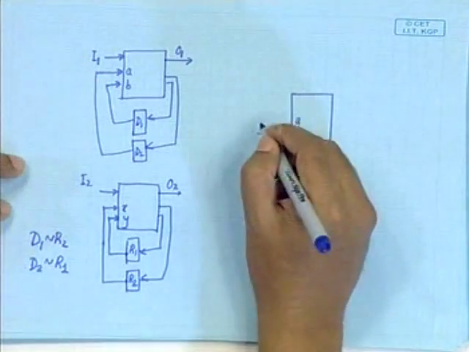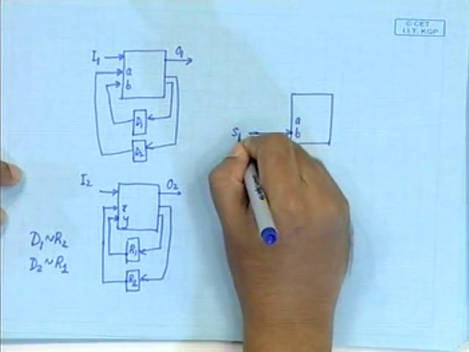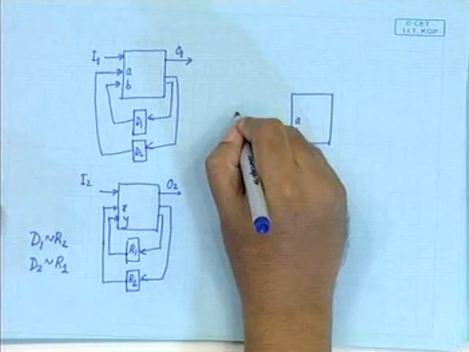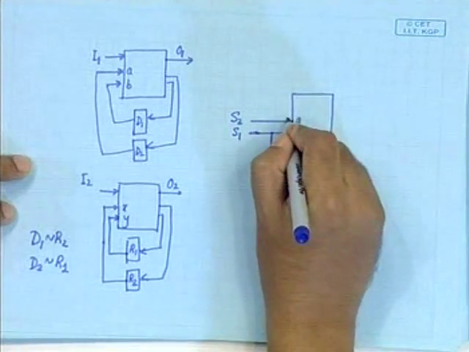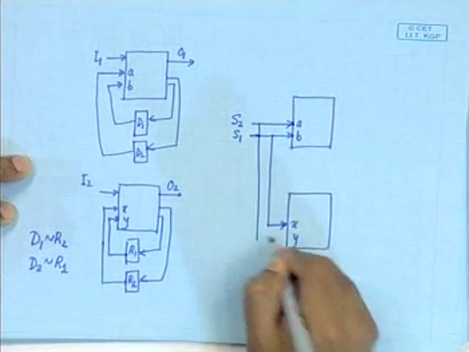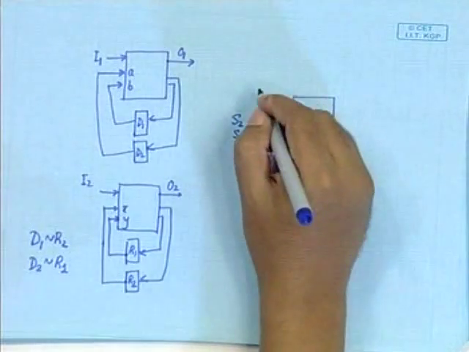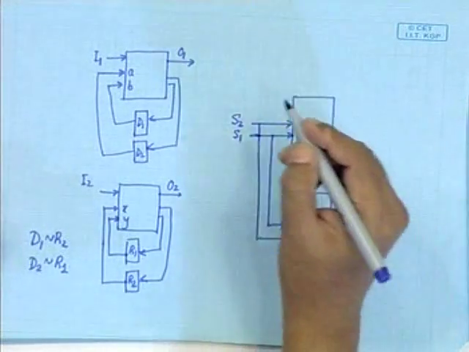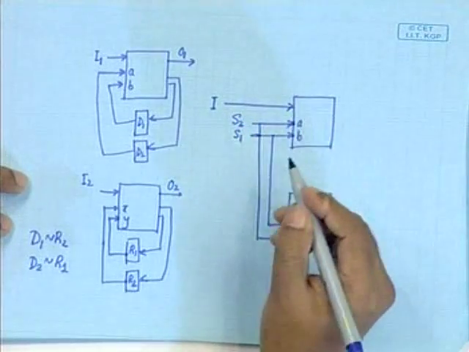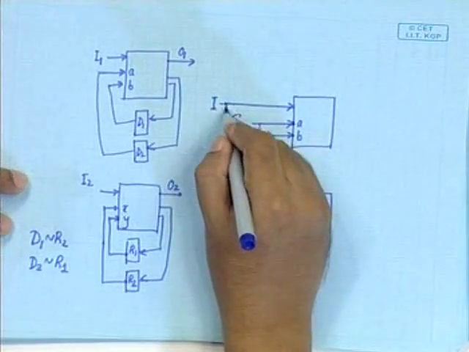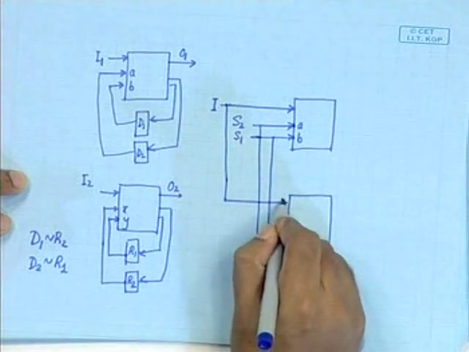Let me call this S1, and I will have S2, and I will tie up the inputs. Remember that equivalence makes sense only if they have the same input and output alphabet.